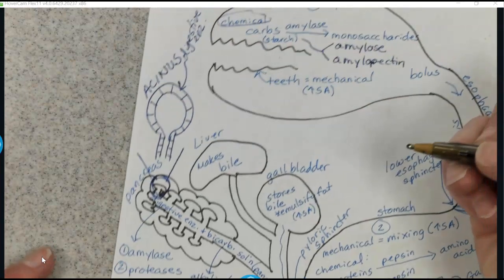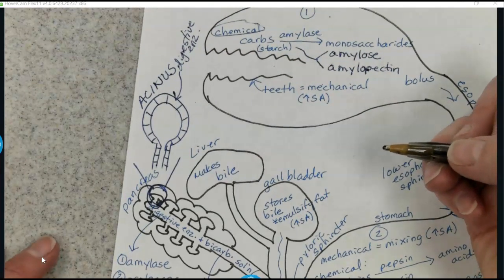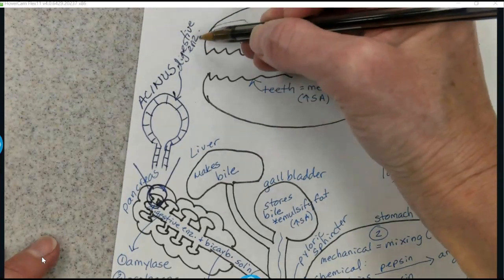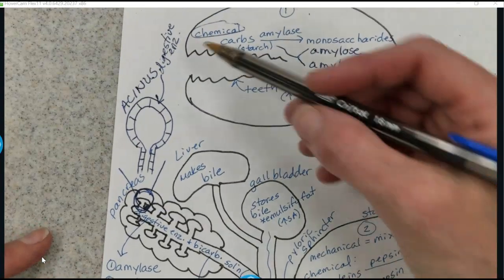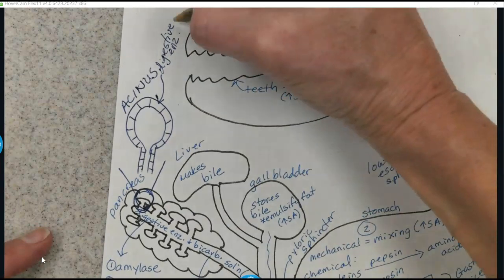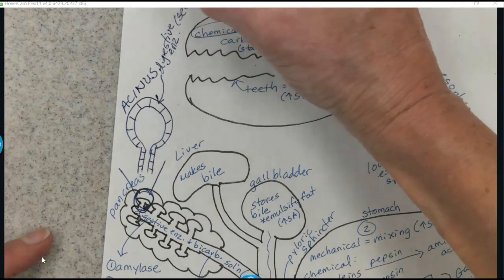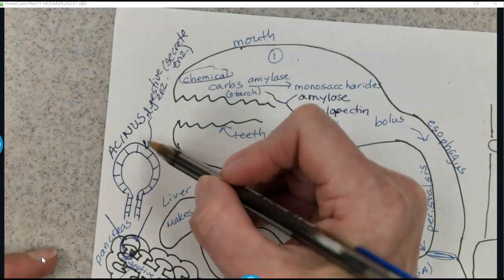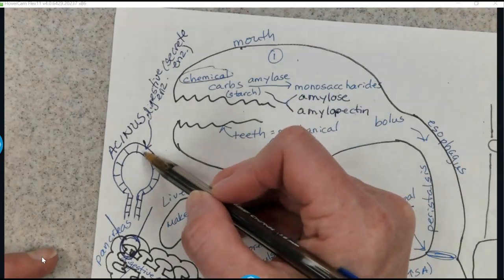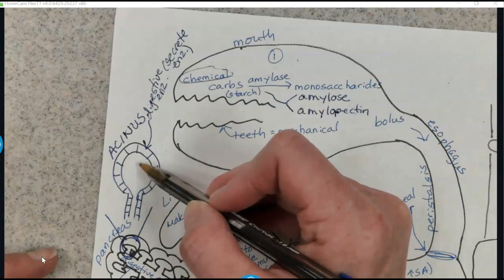These cells go through a whole bunch of protein synthesis, making all the different digestive enzymes, amylase, proteases, lipases, nucleases, tons and tons of digestive enzymes, and they will secrete those enzymes into this space.